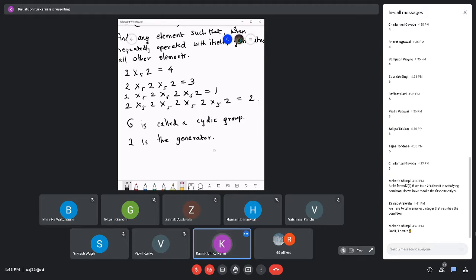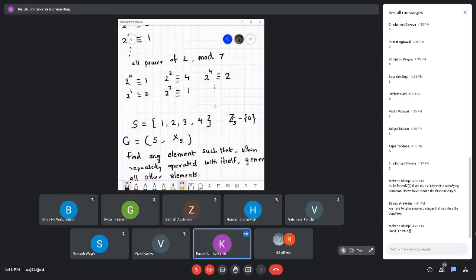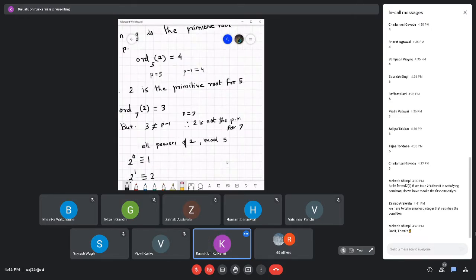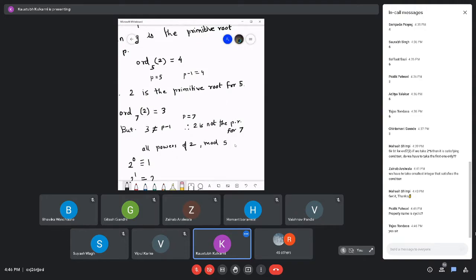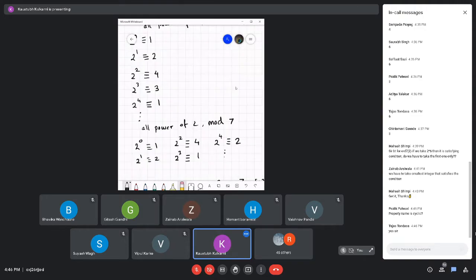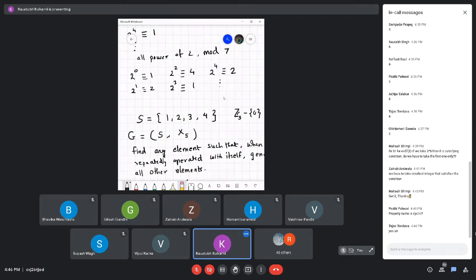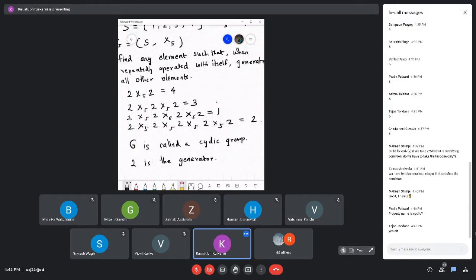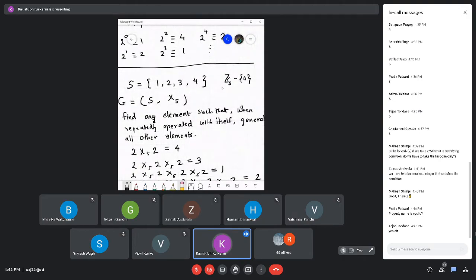So, got this point: generator, cyclic group. Any questions up to this point? Property name? No, the property name is not cyclic. This is the group.